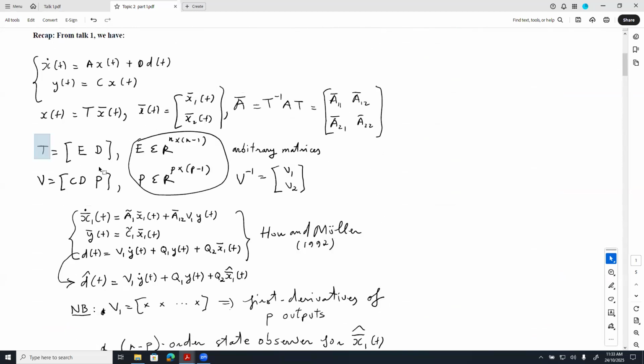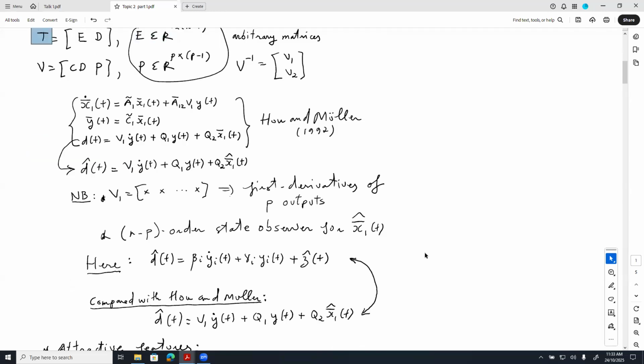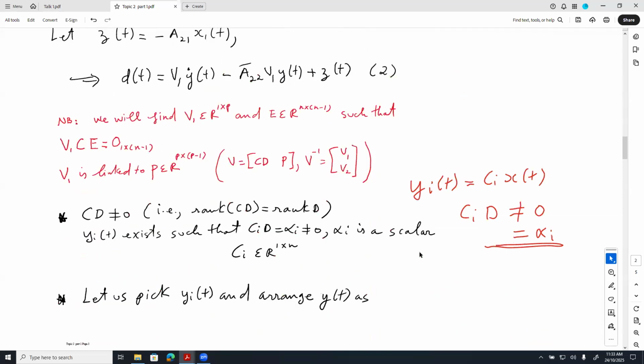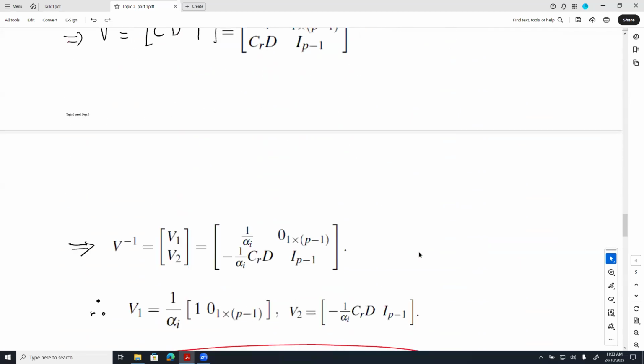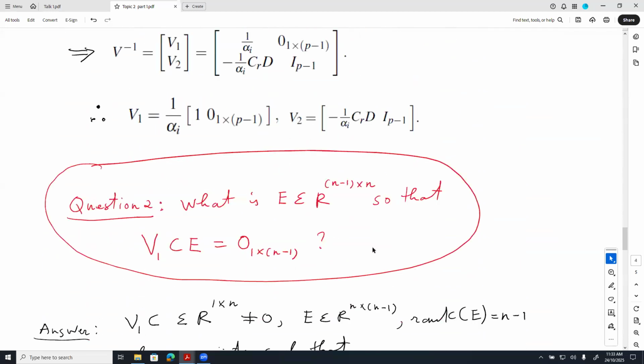Just like in Hou and Muller, where there was no guideline on how to select metric E apart from just picking it arbitrarily as long as T is invertible. In our approach, we're going to find metric E, and we make sure that it is a full column rank metric, and it should be found so that this condition holds.